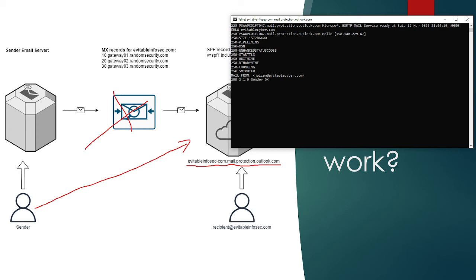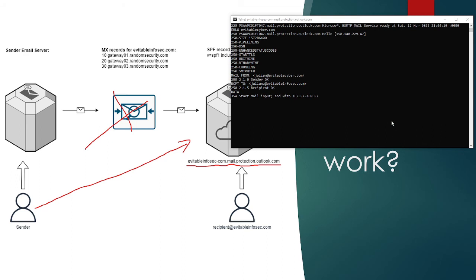Microsoft says, yes, absolutely. You're allowed to send an email from that address. No problem. Now we tell Microsoft who we're sending it to, which is our evitable-infosec.com email address. Microsoft says again, no problem. You can send an email there through me all day long if you want to. Now we tell it we want to send the data. Please go ahead and send your data, it says.